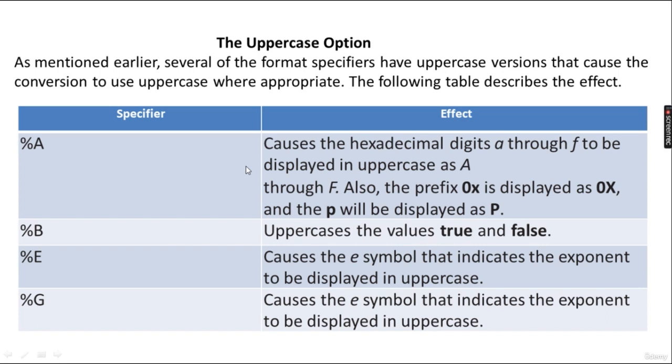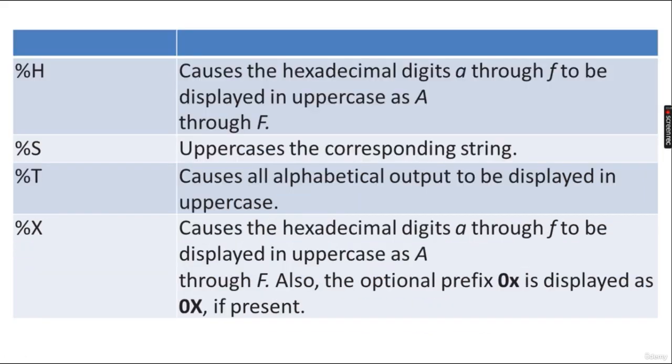Now we will see the effect. %A causes the hexadecimal digits a through f to be displayed in uppercase as A through F. Also, the prefix 0x is displayed as 0X and the p will be displayed as a capital P. %B uppercase is for the values true and false. %E causes the E symbol that indicates the exponent to be displayed in uppercase. %G causes the E symbol that indicates the exponent to be displayed in uppercase.